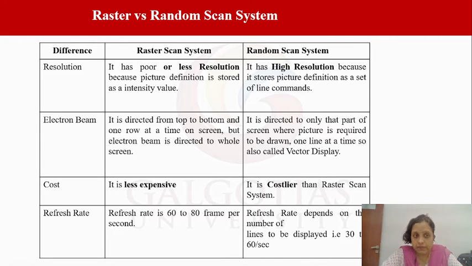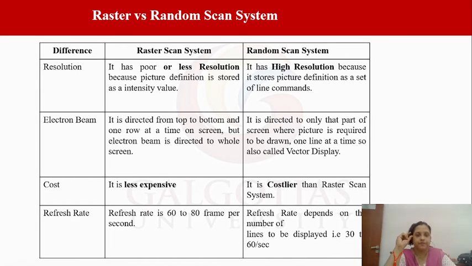In raster scan, which we studied in the last lecture, the electron beam is directed from top to bottom, one row at a time, across the whole screen. On the other hand, in random scan system, it is directed only to the part of the screen where the picture is required to be drawn, one line at a time, so it is also called vector display.